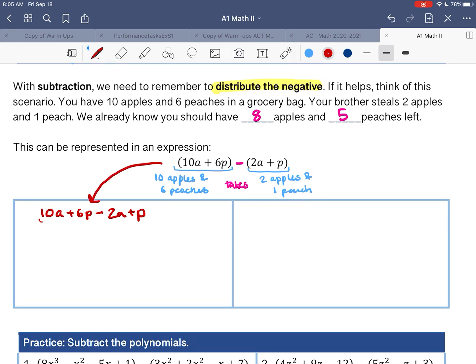And then we would combine like terms, so I have a 10a and a minus 2a, so that gives me 8a, and then 6p plus another p makes 7p. So this subtraction problem gave us the answer of 8 apples, good so far, and 7 peaches.